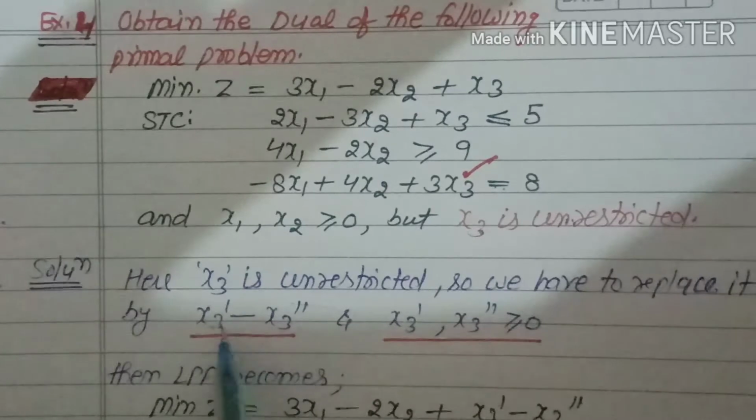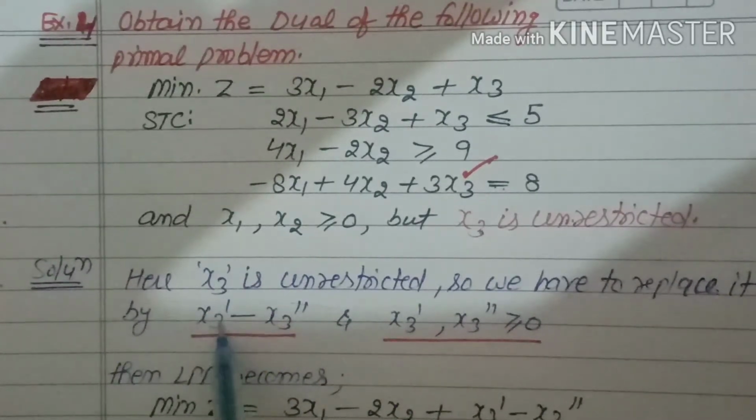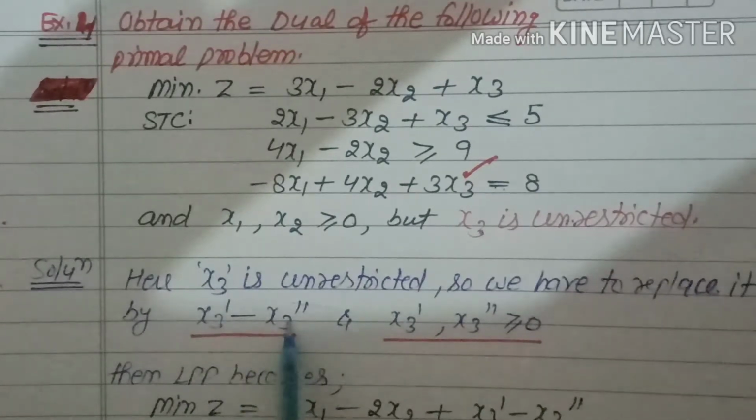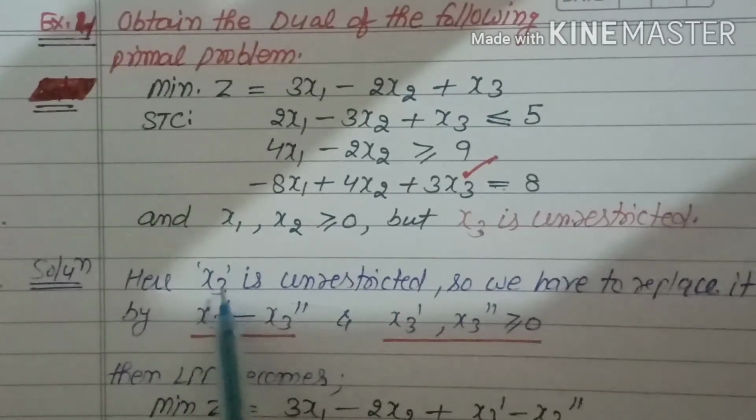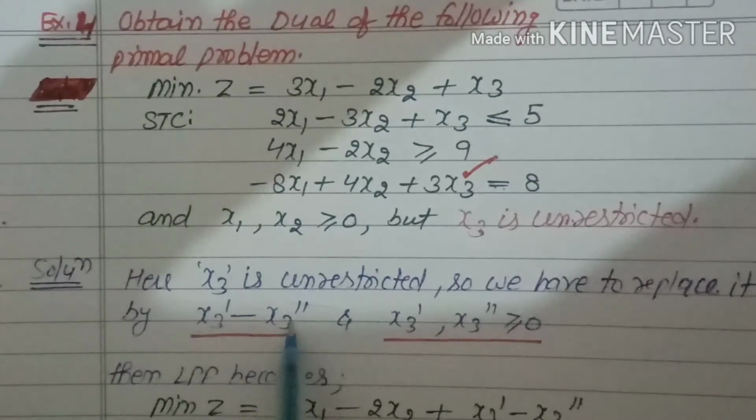So for that purpose, let us write x3 equals x3 dash minus x3 double dash. Here x3 dash and x3 double dash are both non-negative numbers, and x3 is now equal to the difference of these two numbers. Now x3 has been converted into non-negative numbers.